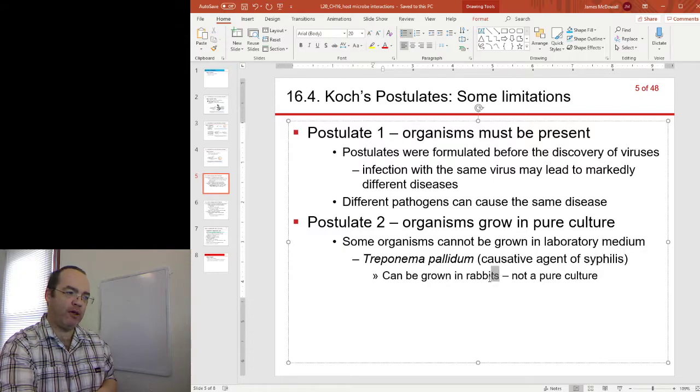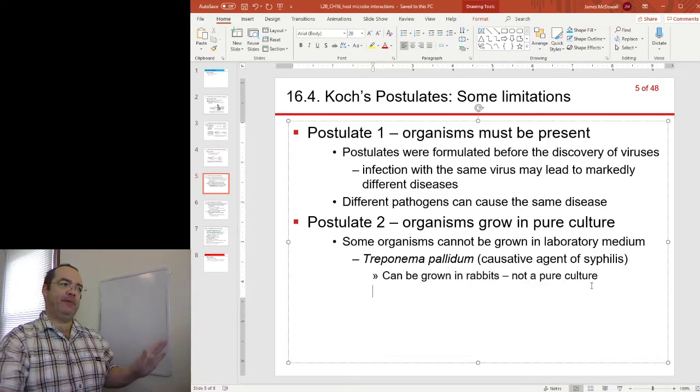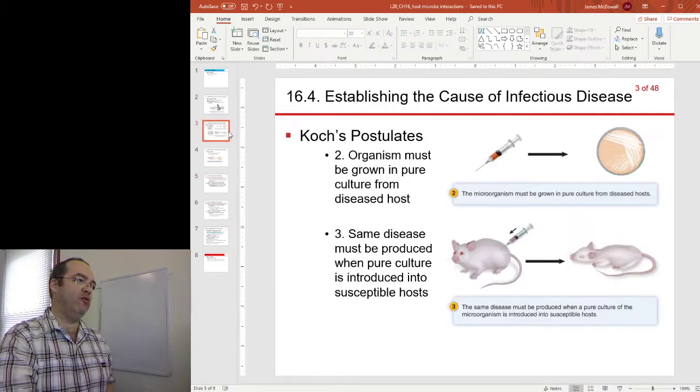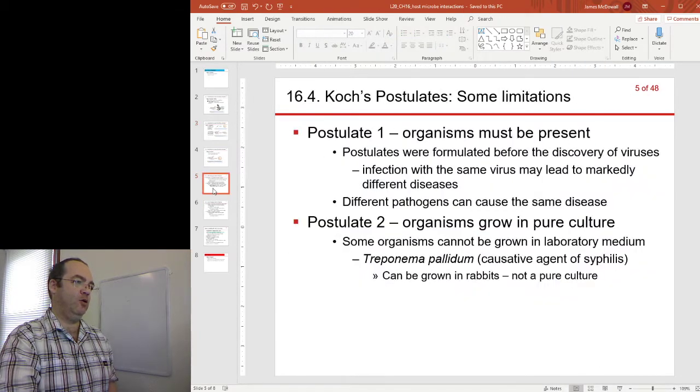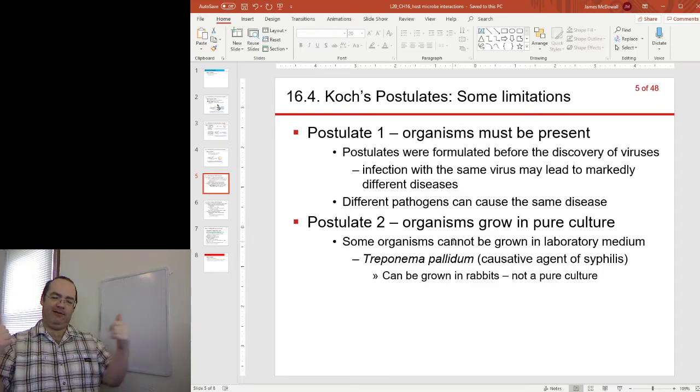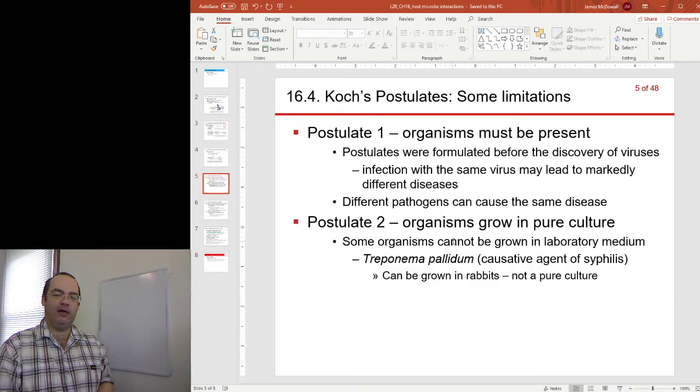The only way you can grow it in a controlled environment is in rabbits, which is far from a pure culture. So by stipulating that it must be able to be grown in pure culture, you are eliminating study from a whole large number of organisms.